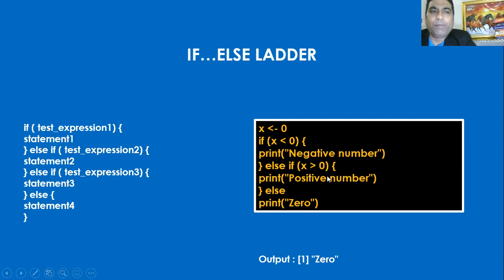I'm taking just one example. I have assigned 0 in x. If x is less than 0, then print negative number. Else if x is greater than 0, then print positive number, else print 0.